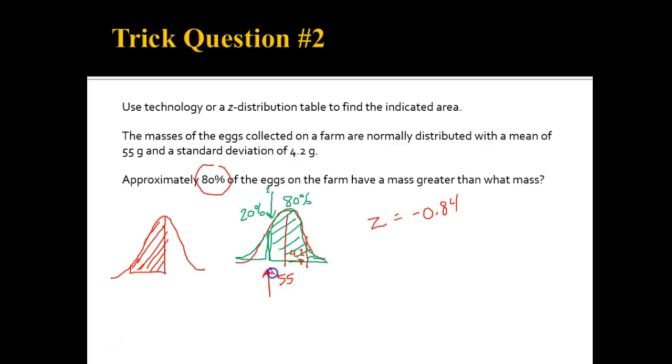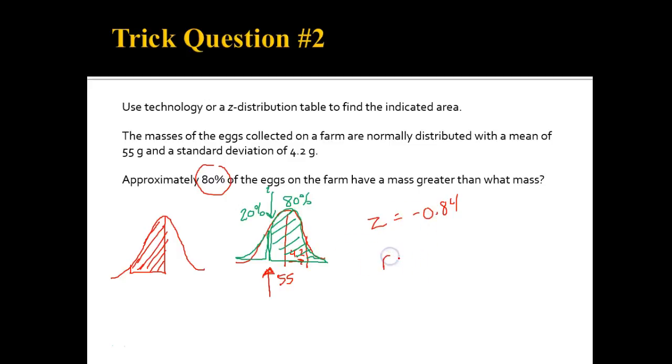Now again, the question said 80% are greater than, but my chart only tells me the z-scores for numbers with the percent that's less than that number. So that's why I had to use 20%. But it doesn't matter. The z-score for less than 20% is the same as the z-score for 80% greater than. And so now I'm going to find that number.